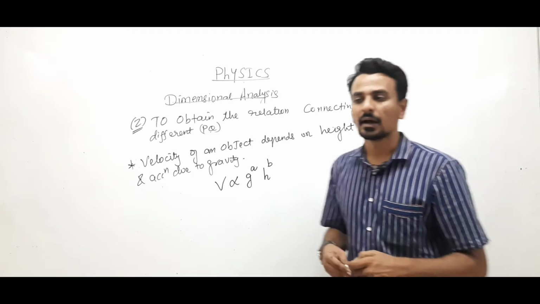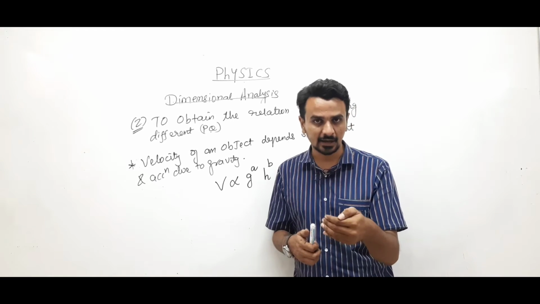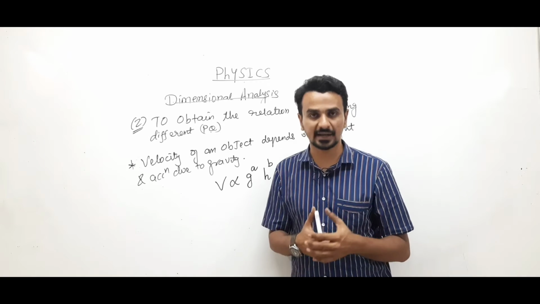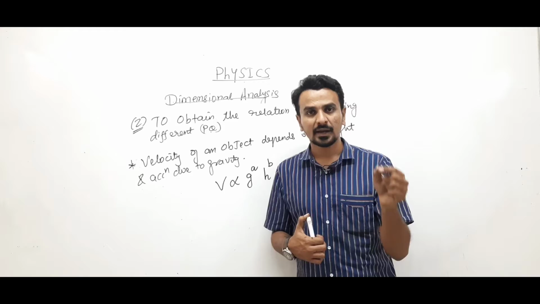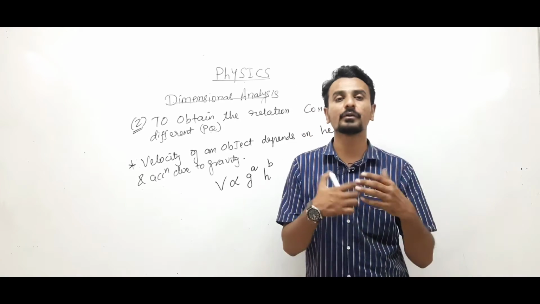Any physical quantity, if it has been said that a physical quantity A depends on B, from this you will not be able to say that A is proportional to B, or A is inversely proportional to B, or A is proportional to the square of B. We don't know that.